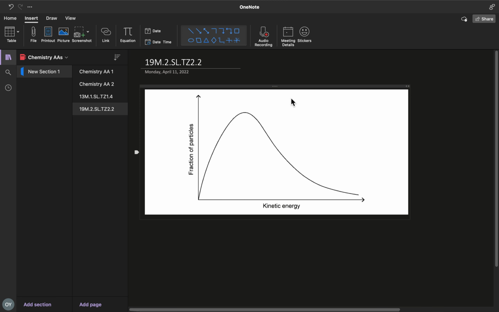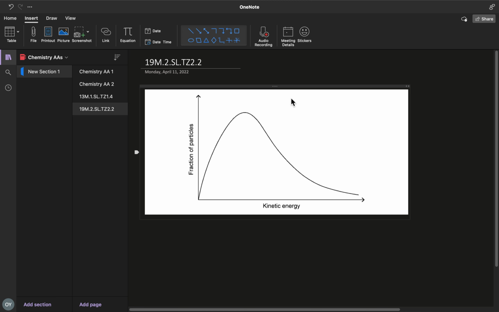The final part of the question states, the graph below shows the Maxwell-Boltzmann distribution of molecular energies at a particular temperature. The rate at which dinitrogen monoxide decomposes is significantly increased by a metal oxide catalyst. Annotate and use the graph to outline why the catalyst has this effect.